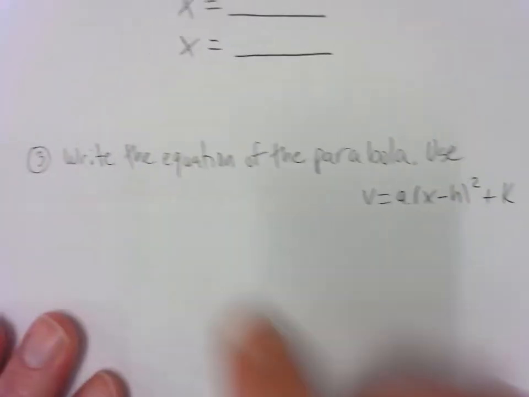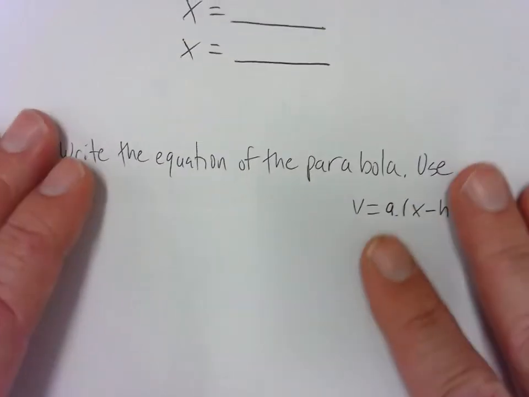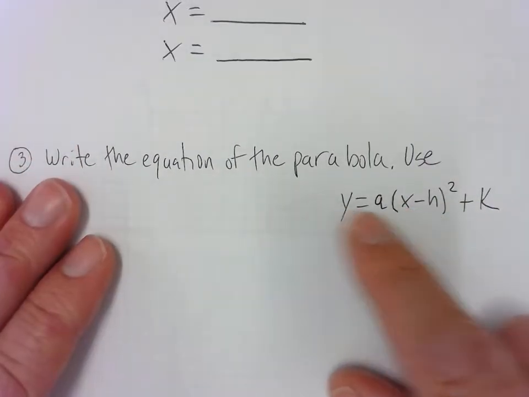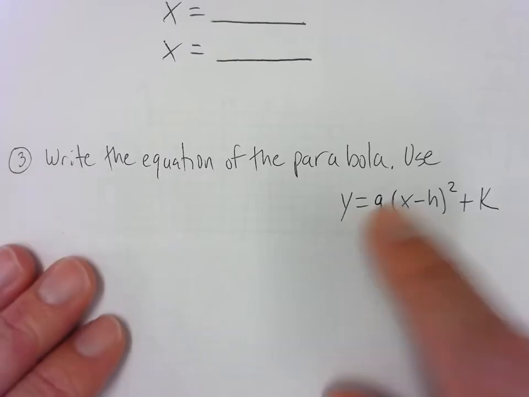Question 3 is like the practice test that we did. Write the equation of the parabola, use and so on. This is where you plug in the x and the y and the h and the k, and you solve for a. That was on the practice test.